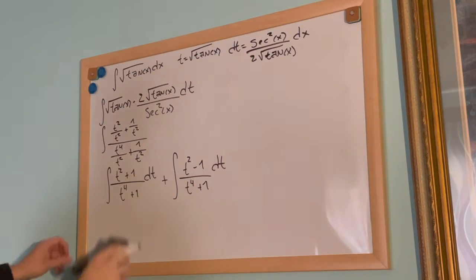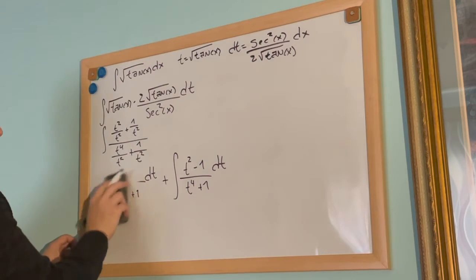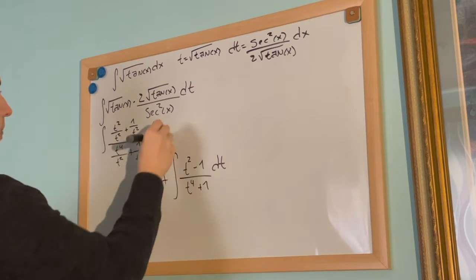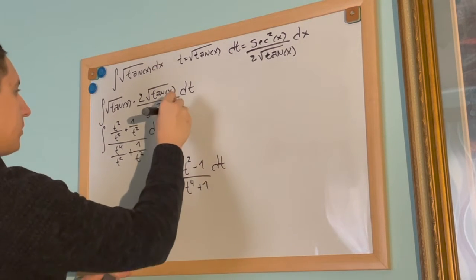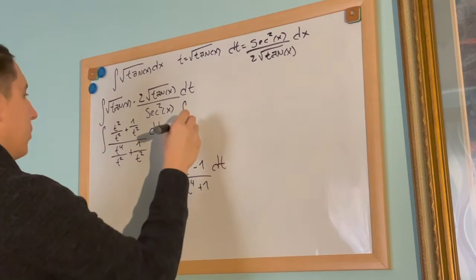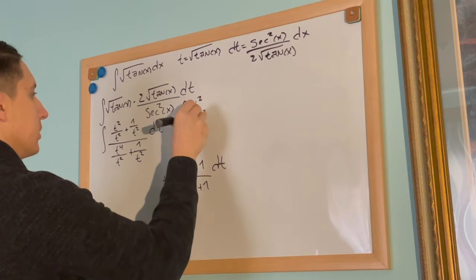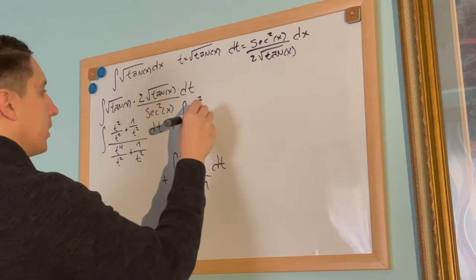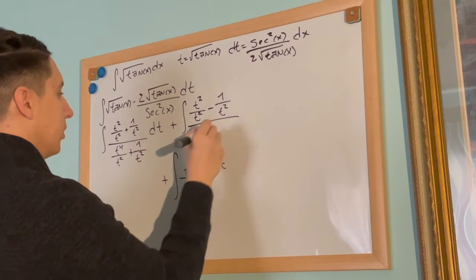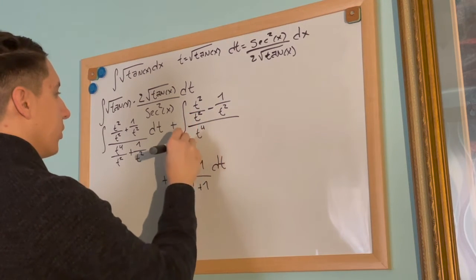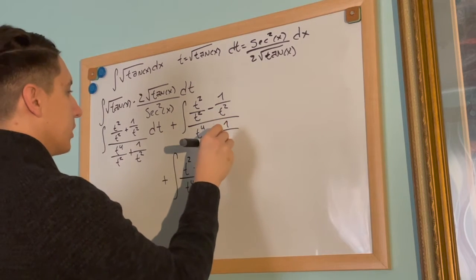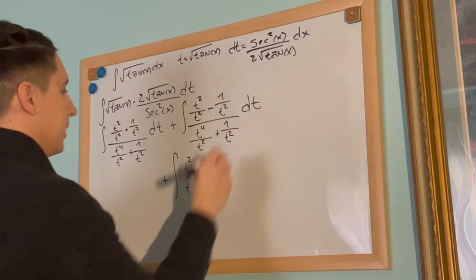And we do the same thing for the other one, with respect to dt. And we still have our integral; we haven't integrated yet. So we do the same thing, t squared over t squared, and this would be minus 1 over t squared all over t to the fourth over t squared plus 1 over t squared dt.